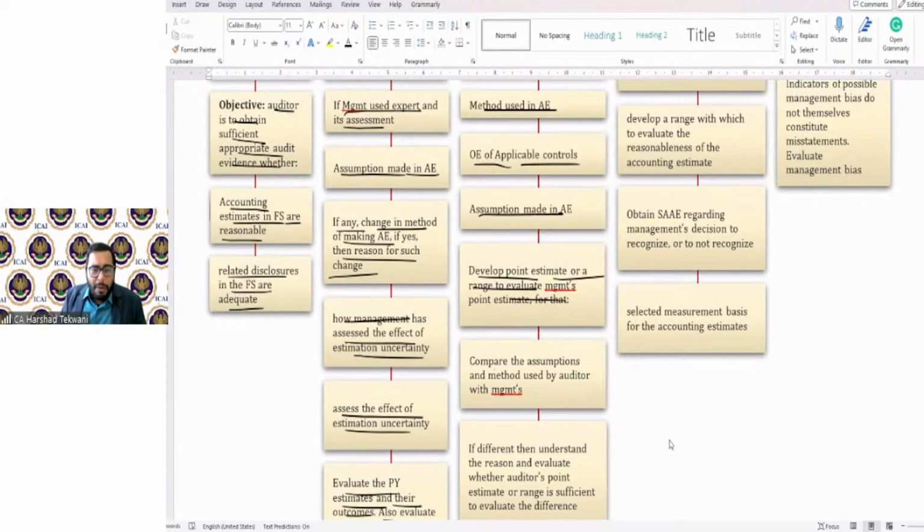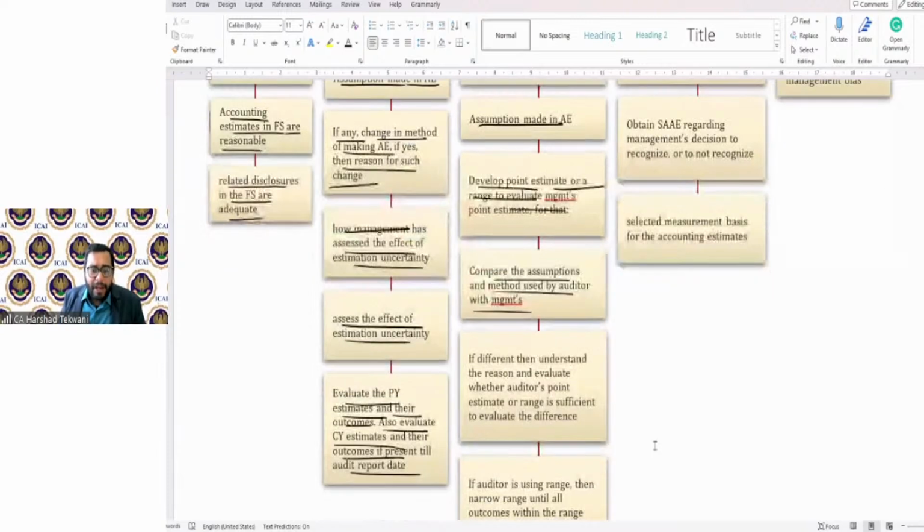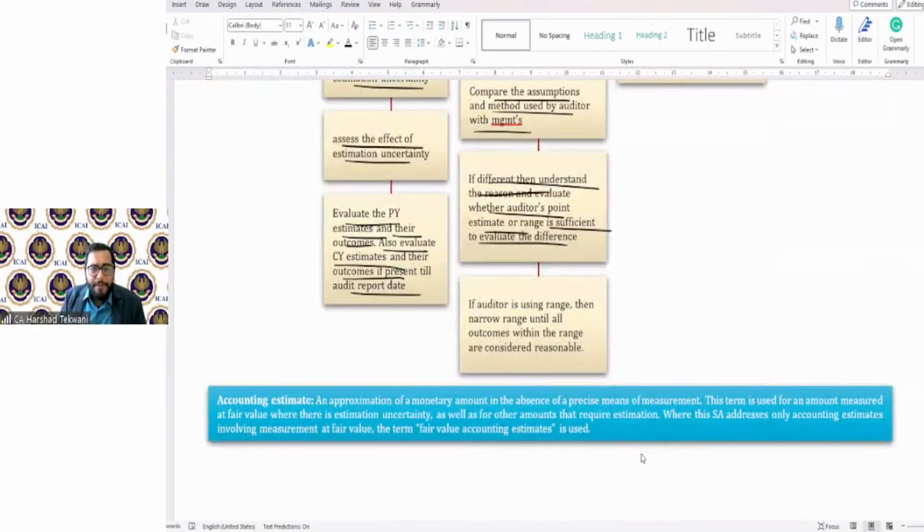For that, we need to compare the assumptions and method used by the auditor with management's. If different, we need to understand the reason and evaluate whether the auditor's point estimate or range is sufficient to evaluate the difference. If the auditor is using a range, then narrow down the range until all the outcomes within the range are considered reasonable.